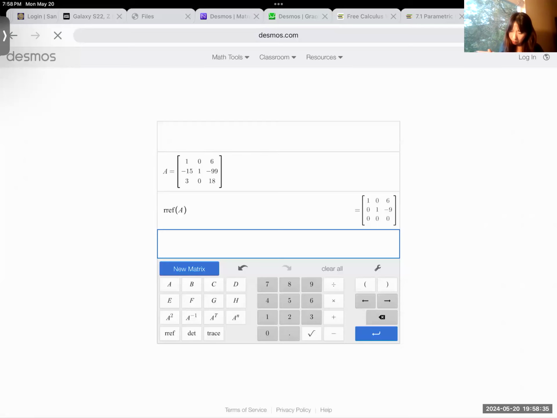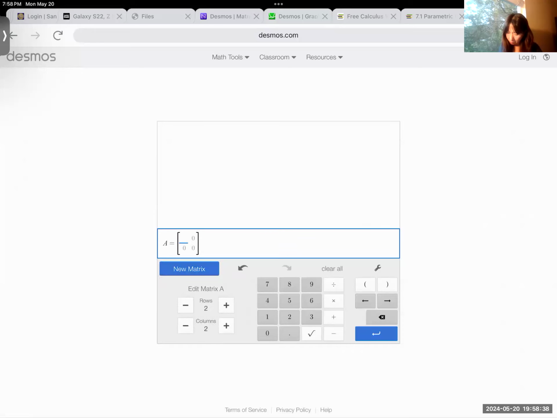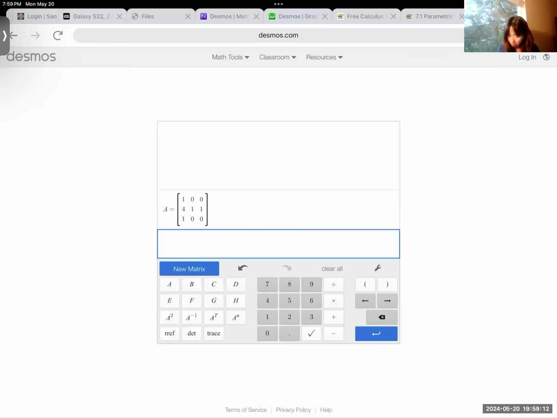So we have 1, 4, 1, 0, 1, 0, 0, 1, 0. Okay, so the inverse of that.